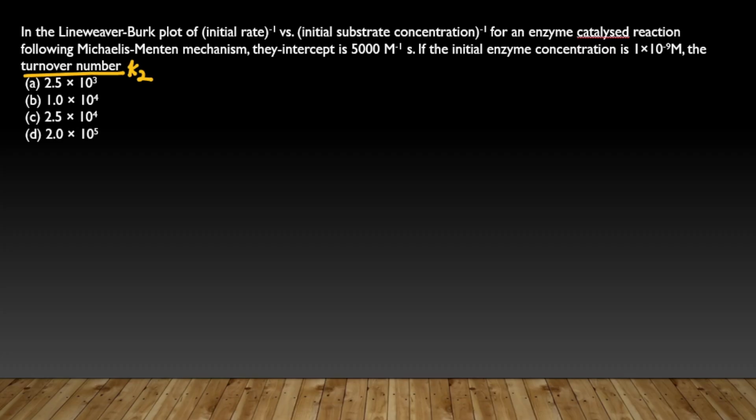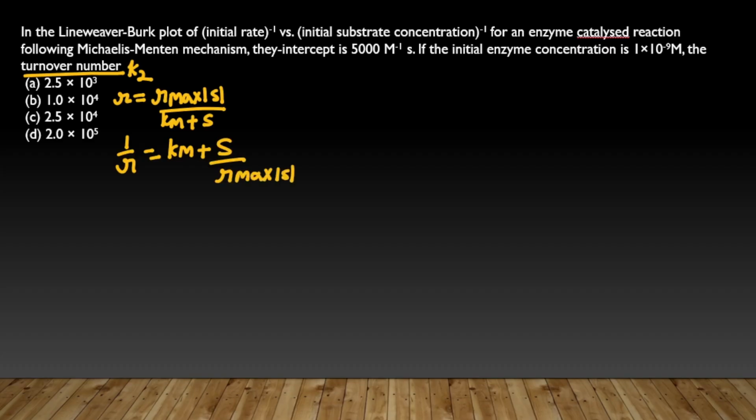Okay. So here, according to the enzyme catalyzed reaction, you have R is equal to R max into S upon the Km plus S. This is the expression we have. Now 1 by R will be equal to Km plus S upon R max into S. So this S and S will get cancelled out.